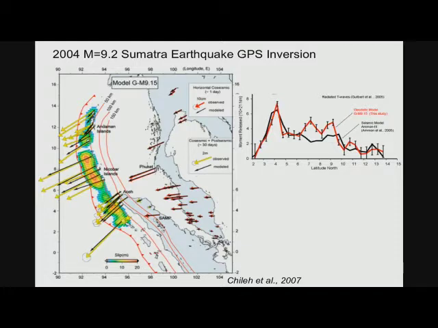And that's pretty common, I think, in comparing. Is that correct, Jeff? Geodetic and seismic slip distributions, that often the earthquake looks larger, the slip looks larger geodetically. And that might be because these displacements include what we call afterslip, and I'm going to talk a little bit about afterslip.